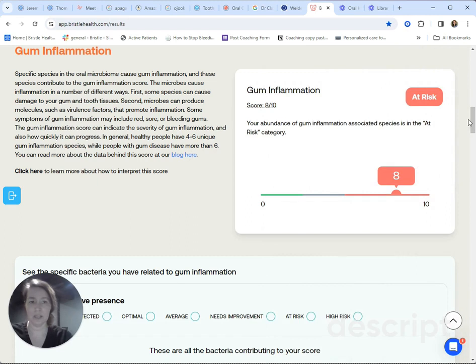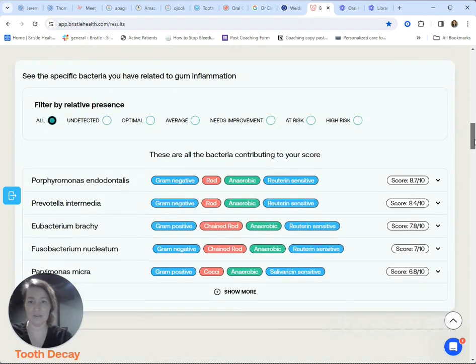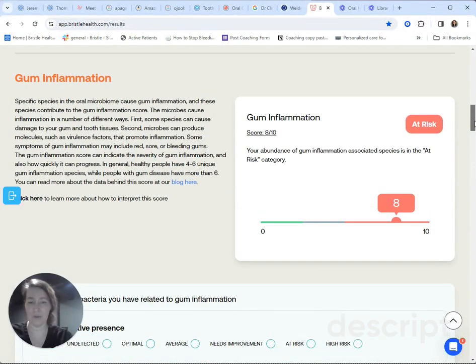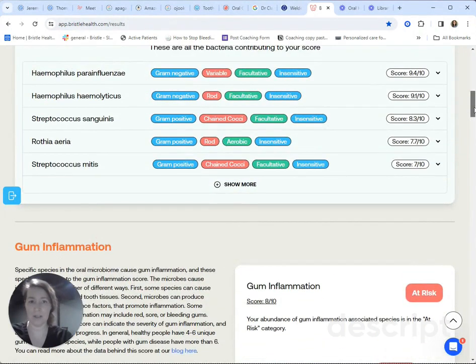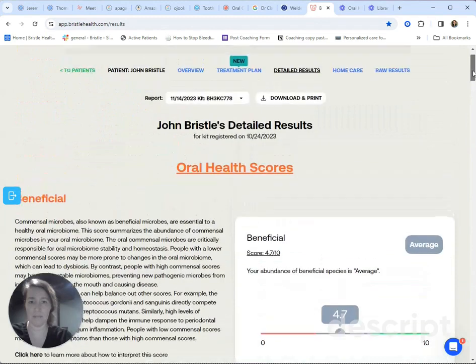All right, so we've established that he is presenting with periodontal disease issues and some inflammation, and he is positive with high inflammation bacteria. So at this point, he would be a good candidate to go ahead with some treatment based on his microbial score.